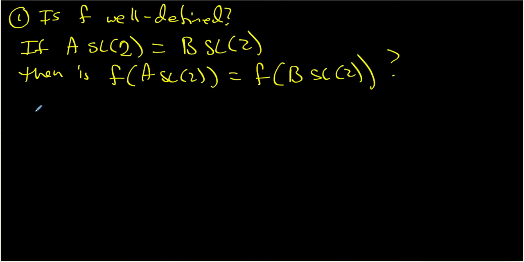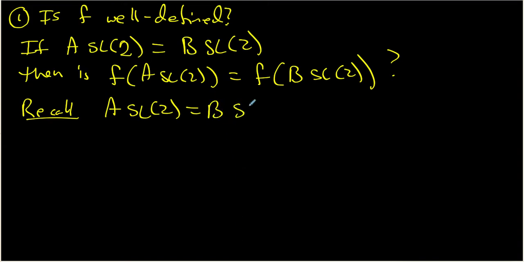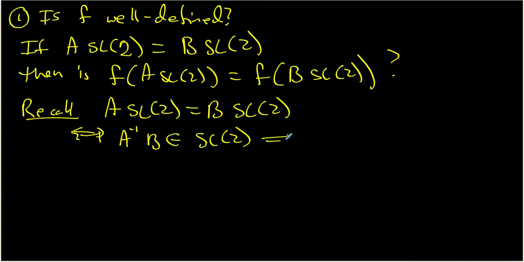Well, the main thing that we have to remember is that we've already seen in the previous video that these two left cosets are equal if and only if A inverse B belongs to SL2, and that happens if and only if the determinant of A and the determinant of B are exactly the same.